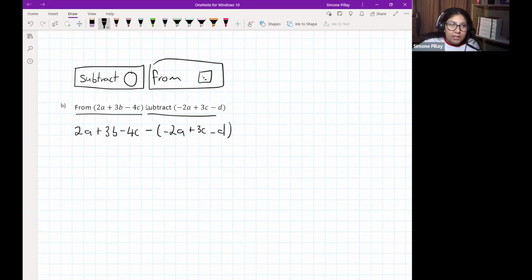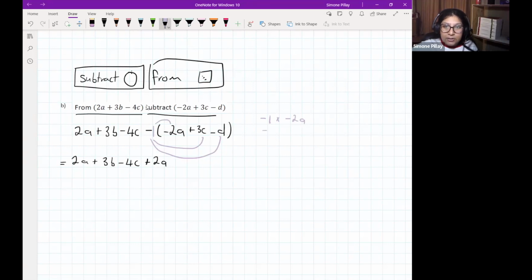Anyways, what we have here now is this expression. First things first, nothing I can do here, so I'm bringing it down. The next thing I have to do is get rid of my brackets, so I'm going to distribute. Negative 1 times negative 2a: a negative times a negative gives me a positive. 1 times 2 is 2, and a is left.